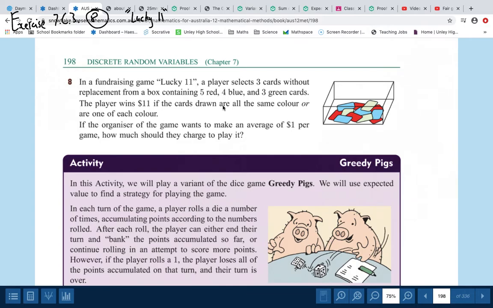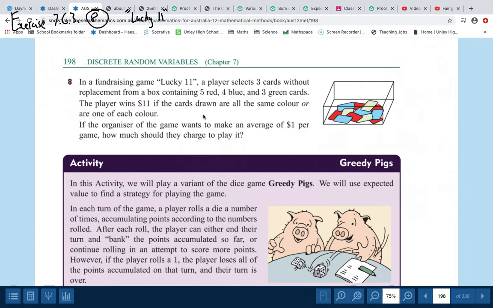So we've got 5 red cards, 4 blue, 3 green. If you add all that up, you have 12 cards in a box of some description. It's not a see-through box. So you randomly draw out a card.